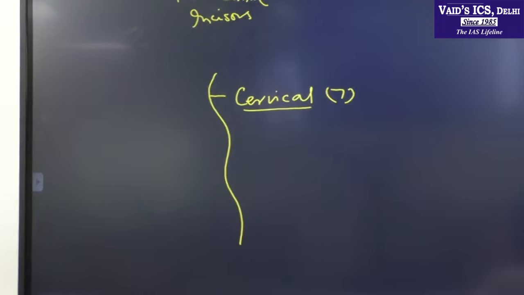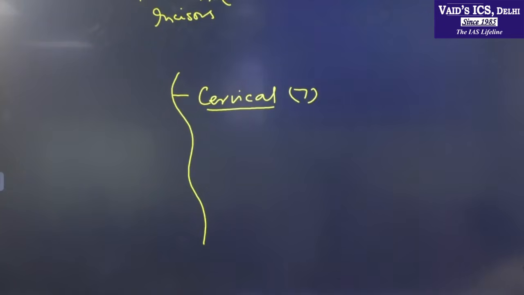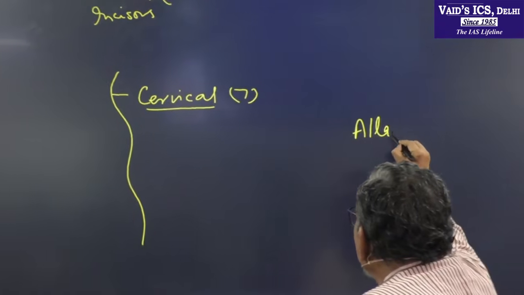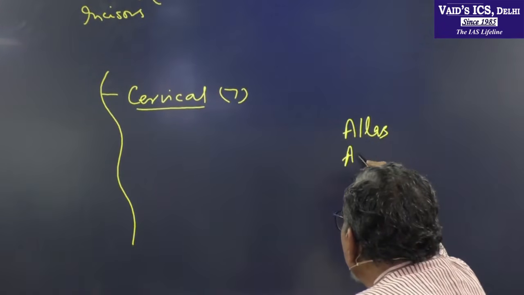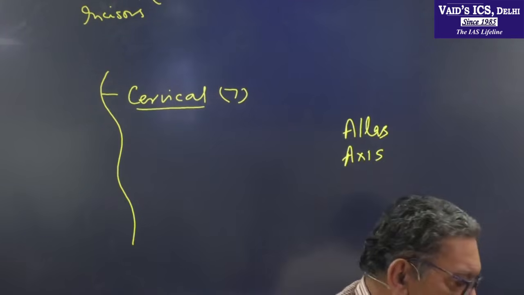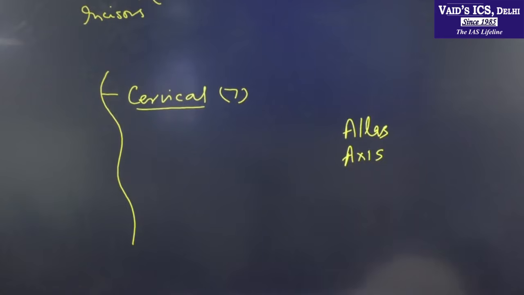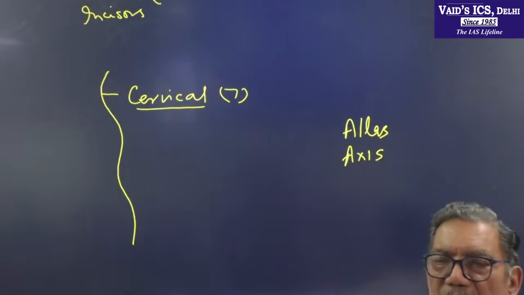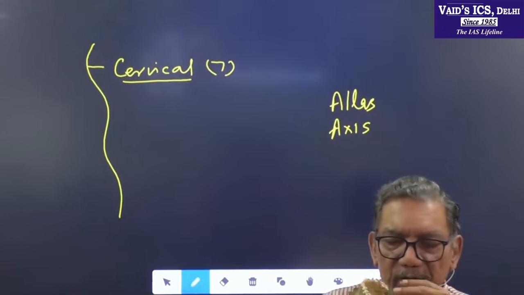The first two are called atlas and axis. The first one is atlas, second is axis.